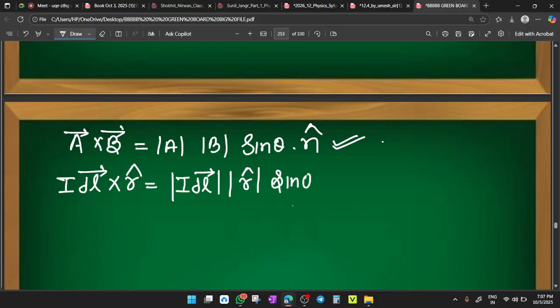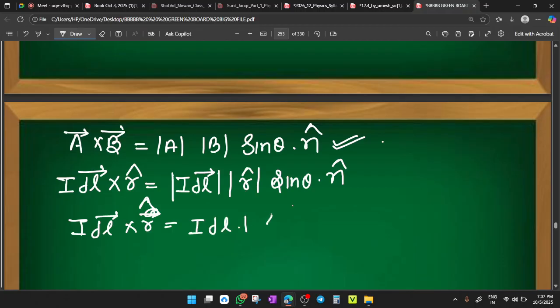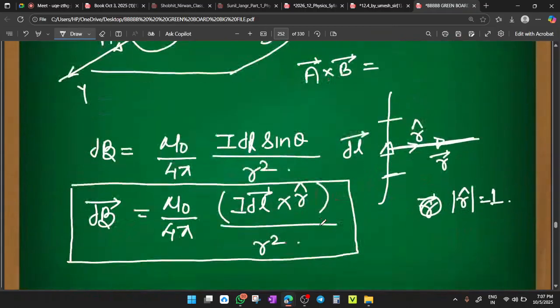Here it is sine theta into n cap, the perpendicular vector. So I dl vector cross r cap becomes I dl times magnitude of r cap, which is 1, times sine theta, and n cap is perpendicular to the plane. Clear?